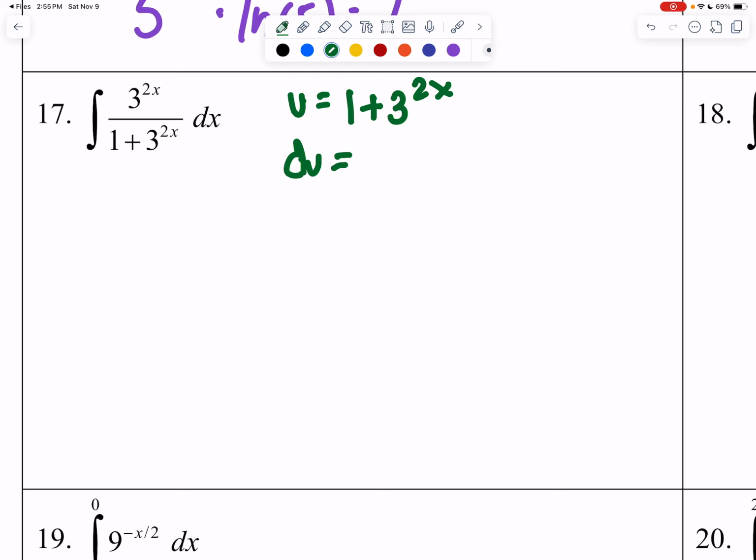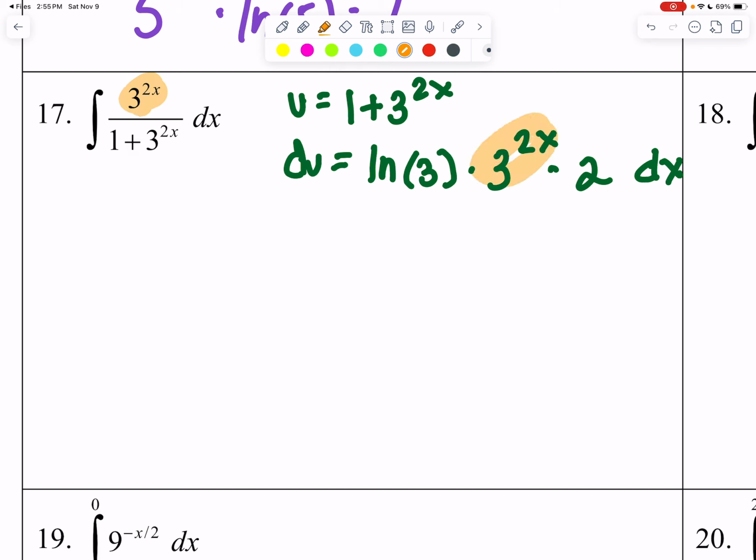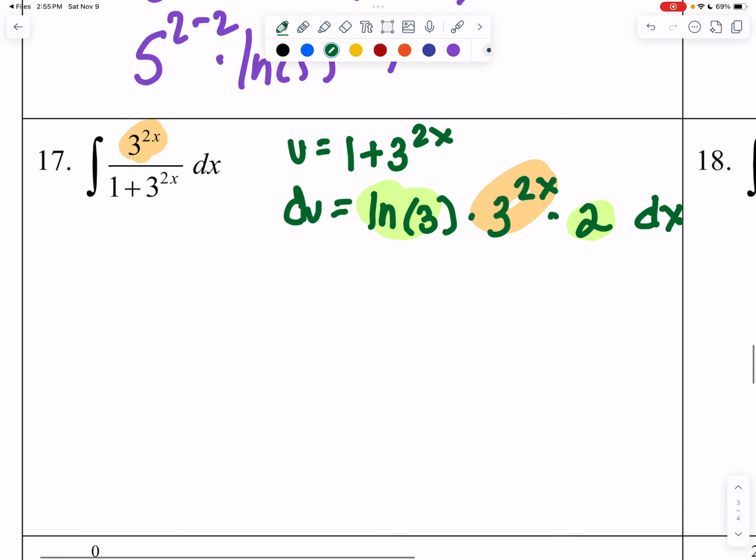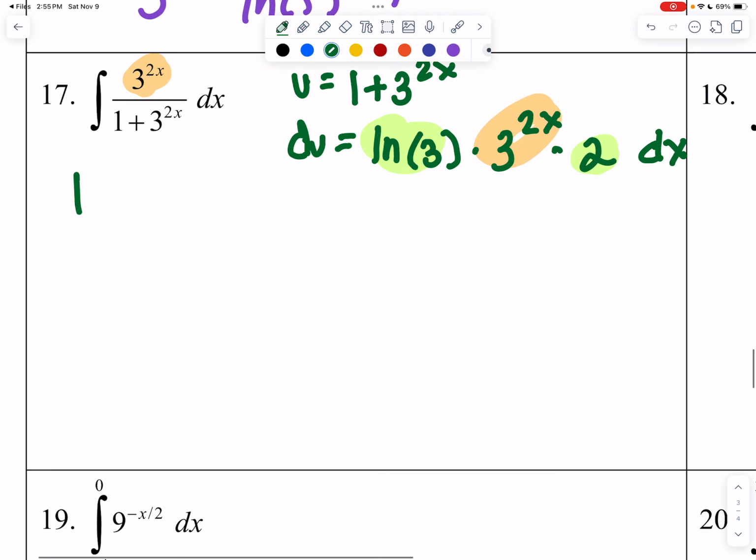So this one's going to be ln of 3 times 3 to the 2x times 2 dx. And I know this kind of looks weird, but the 3 to the 2x will cancel out, meaning that my ln of 3 and my 2 will be in the denominator. So I have 1 over 2 ln of 3.